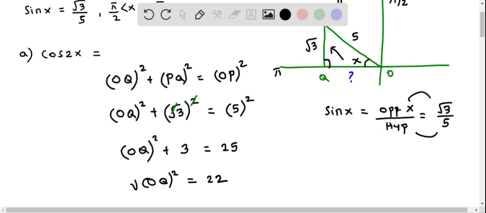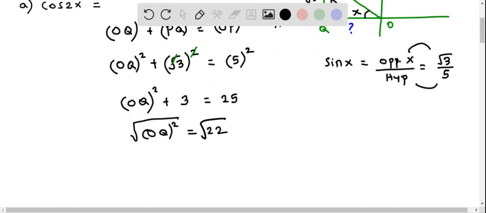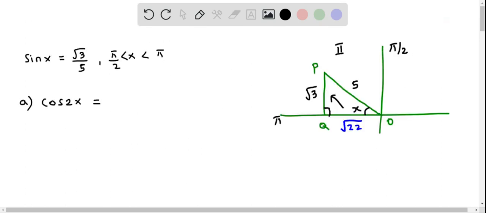Now we take the square root to solve for OQ. So this square root and this power of 2 will also get cancelled, and we get OQ equals root 22. I have marked this side length OQ as root 22 in the right triangle OPQ.